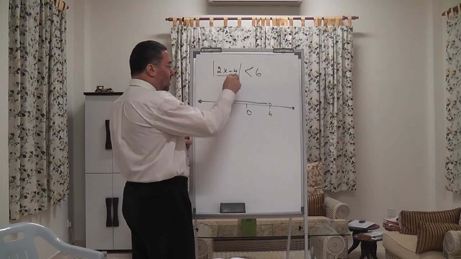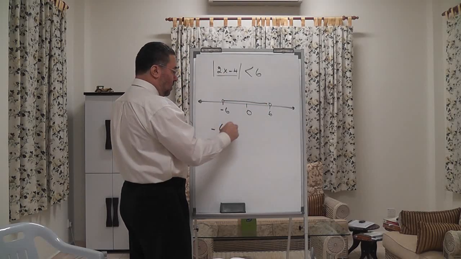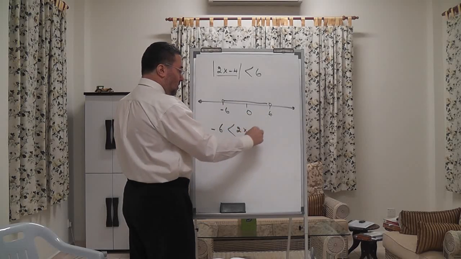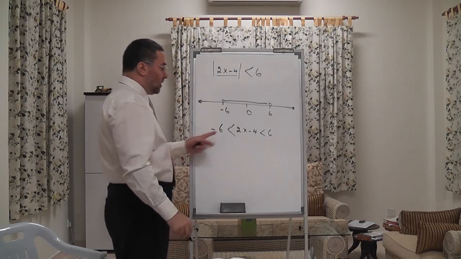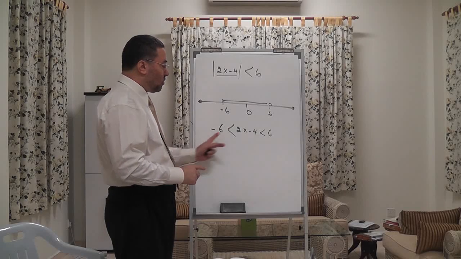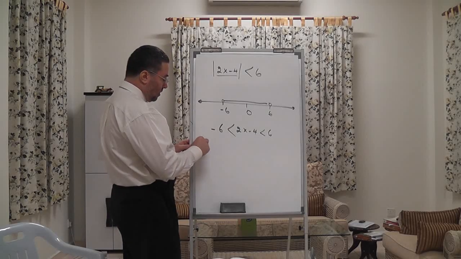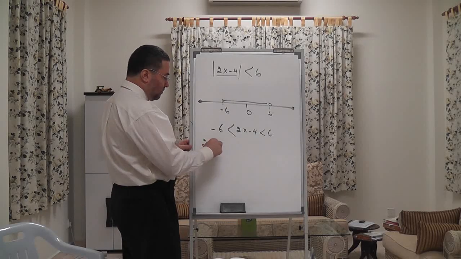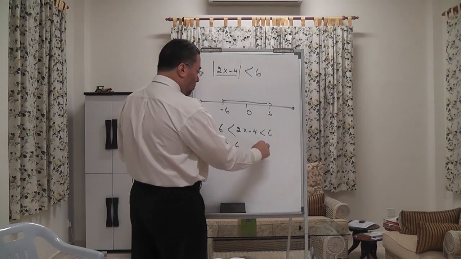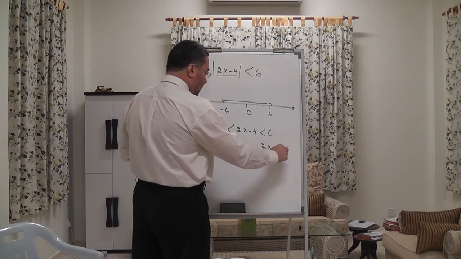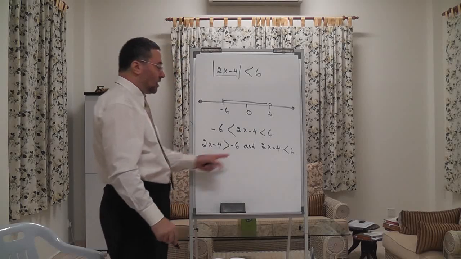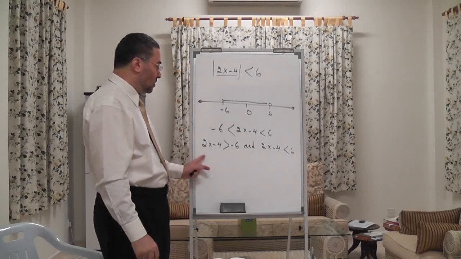So we can say that our number lies between -6 and 6. We can write two inequalities out of this, and that will be 2x minus 4 more than -6, and here 2x minus 4 less than 6. And these two inequalities are tied up by the word and, so this is a conjunction.